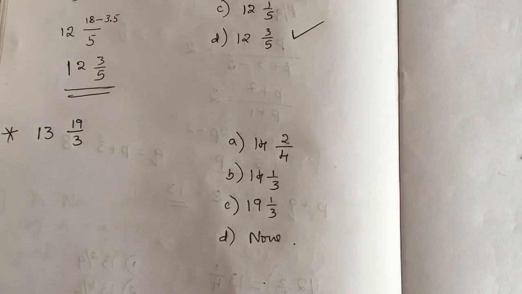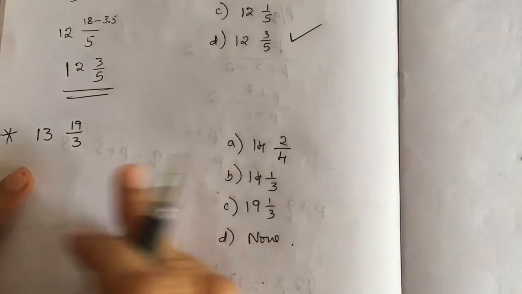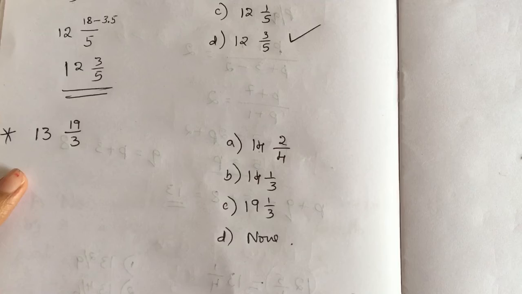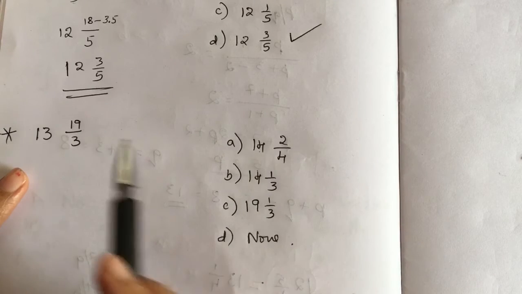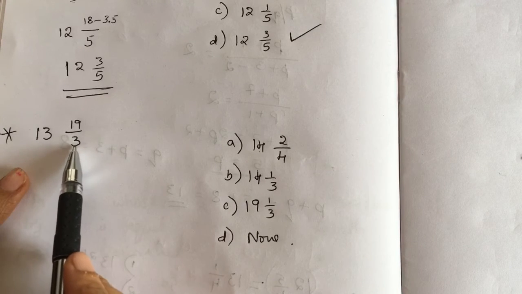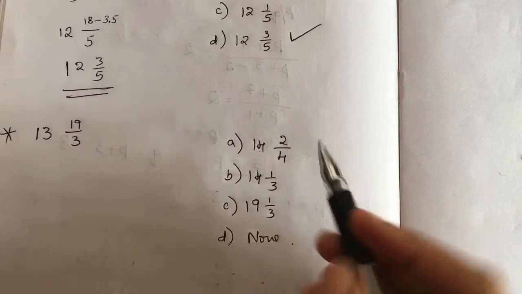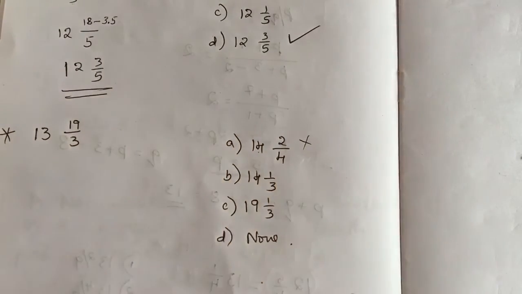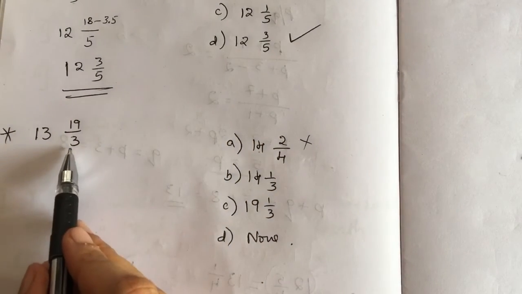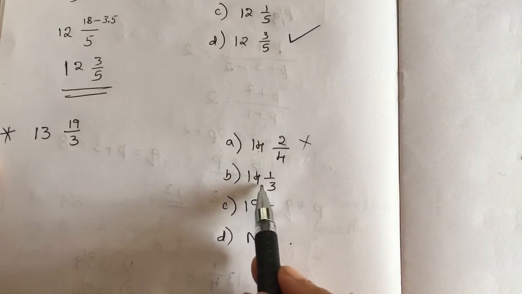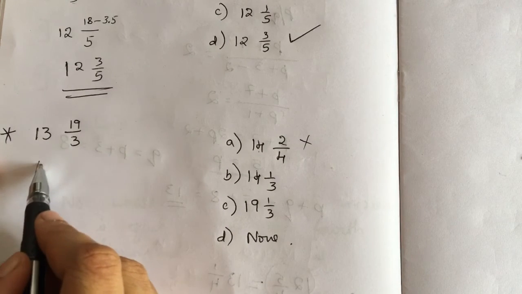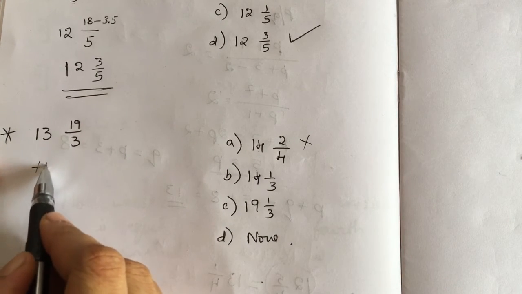Now this is quite a different one. You are getting this, but the options have different whole numbers. When I look at this, the denominator is 3 in this case, so this can't be the answer, right? And when I check this, if I make this 14, I'm just adding 1, right?